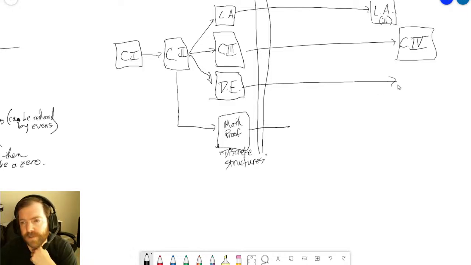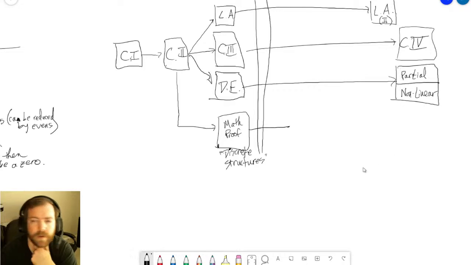Differential equations, have your partial or nonlinear. It's like 2 separate classes, but you can do whatever you want with it.